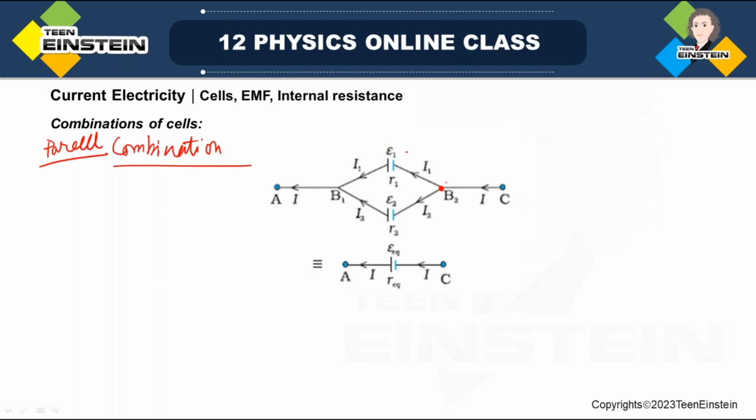Now look, if I write the potential difference between VA and VC, this could be written as VB1 minus VB2. Since this potential difference between B1 and B2 is the same, let us denote this as VB1 minus VB2.